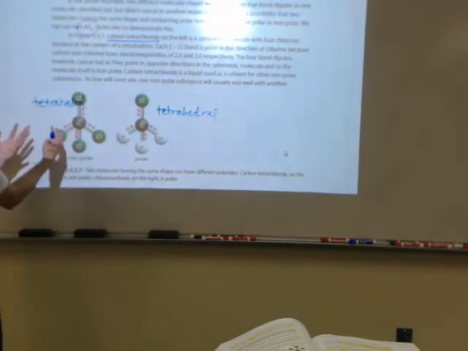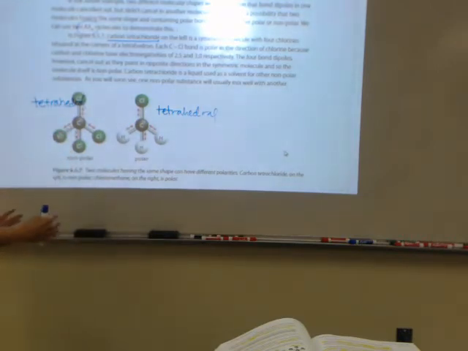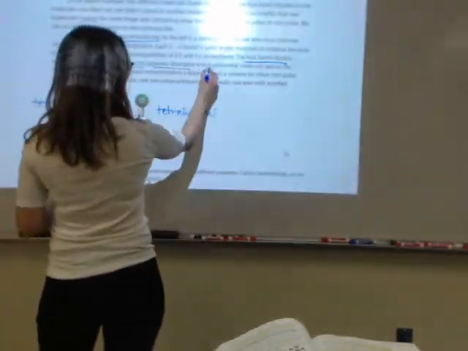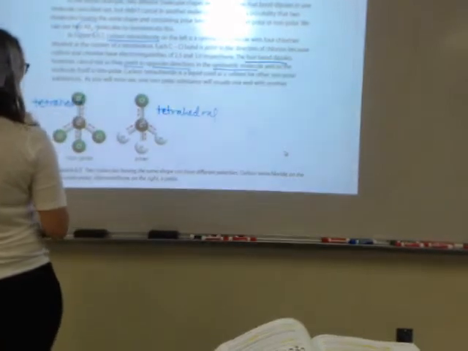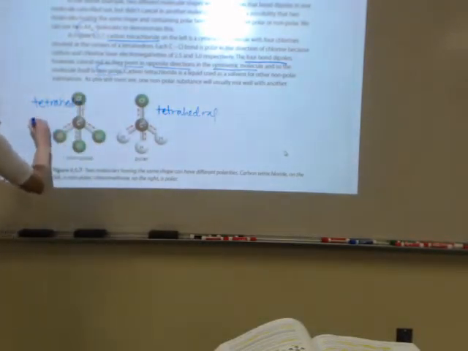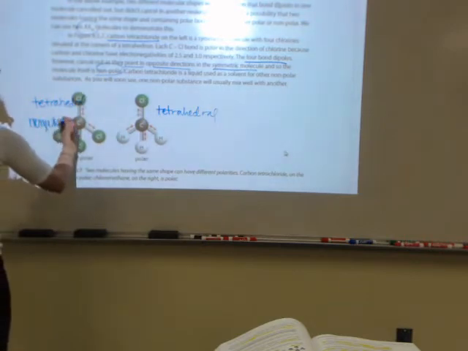Now, tetrahedral and linear and trigonal planar and a couple of others are symmetrical molecules. So when you have the four bond dipoles pointing in opposite directions in a symmetrical molecule, those bond dipoles just cancel out and it's nonpolar. So that's why this is a nonpolar molecule.